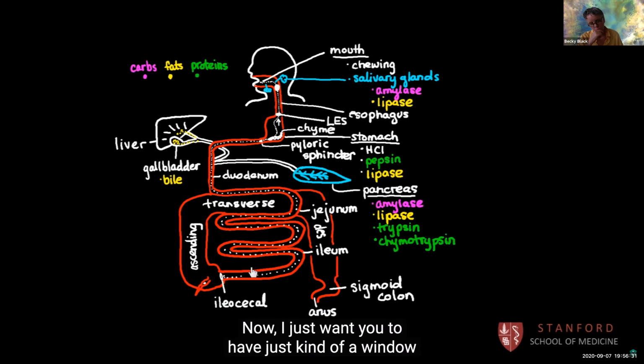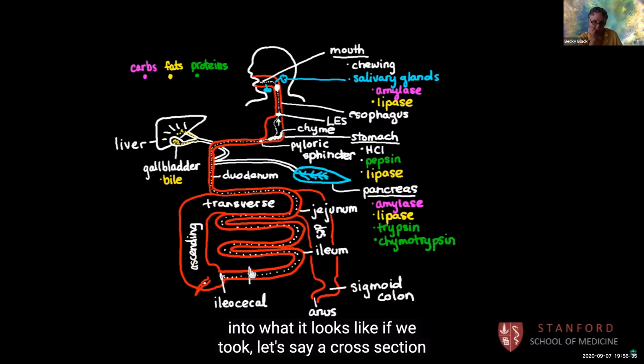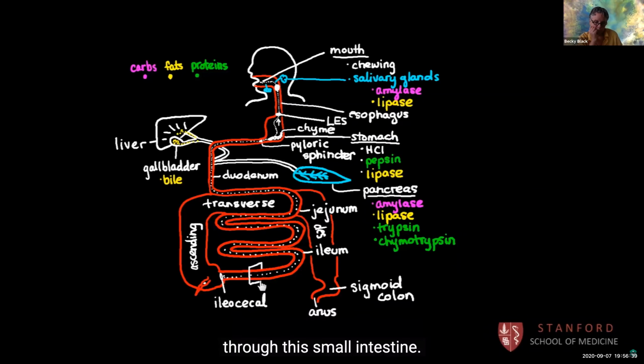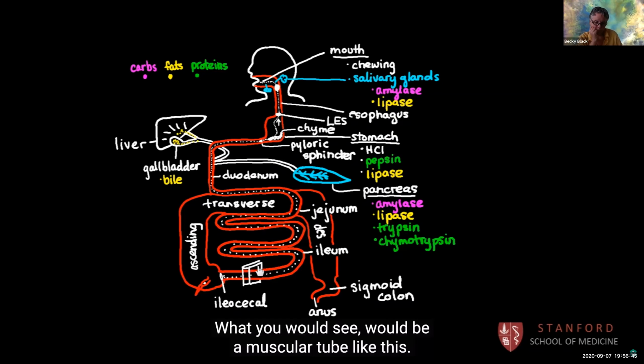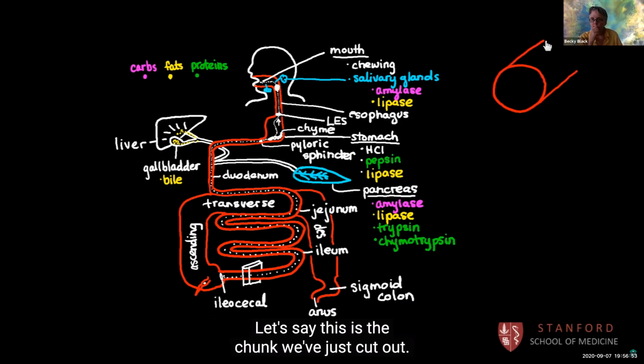Now, I just want you to have kind of a window into what it looks like if we took, let's say, a cross section through this small intestine. Let's say I took a slice like this out of the small intestine. What you would see would be a muscular tube like this. Let's say this is the chunk we've just cut out.